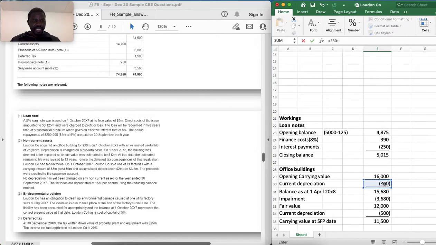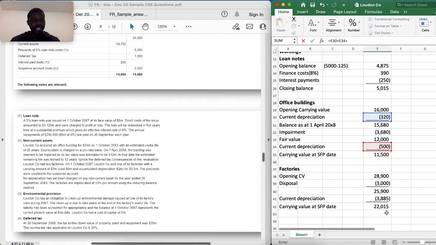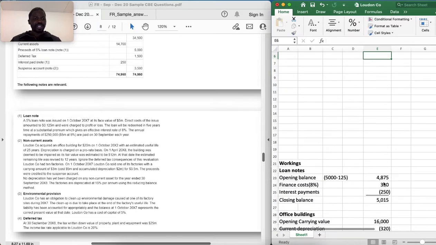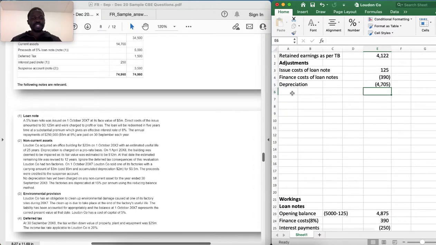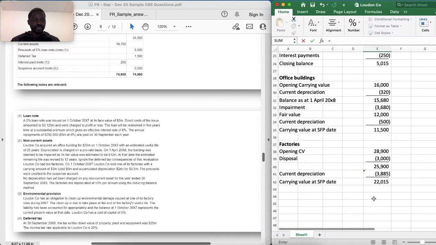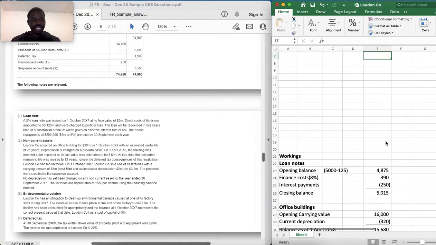We add again the depreciation of 500. We add again the depreciation of 3,885. We get that figure for depreciation. We also have got impairment. Let's go and get the figure. The impairment of 3,680. We put it there.